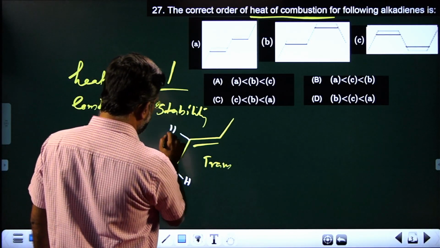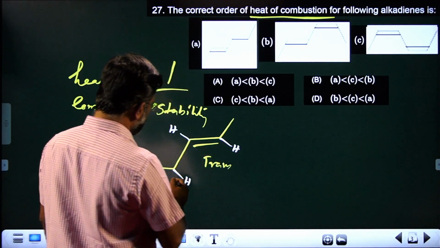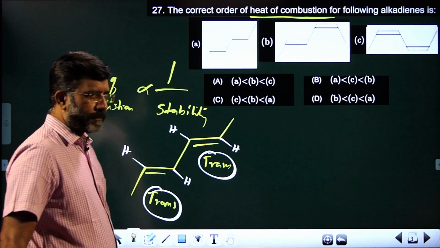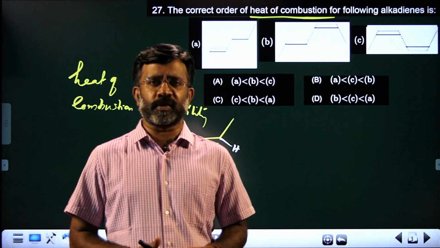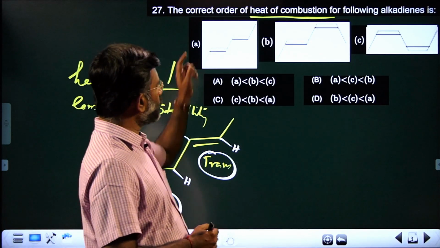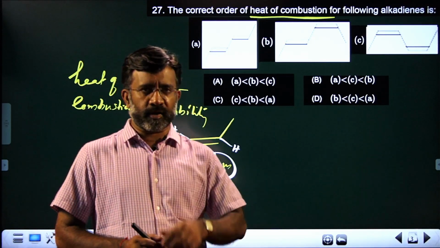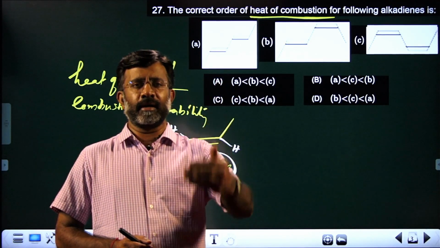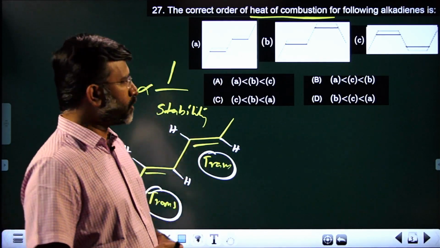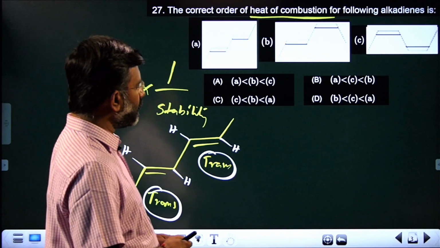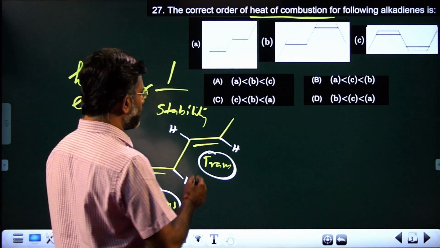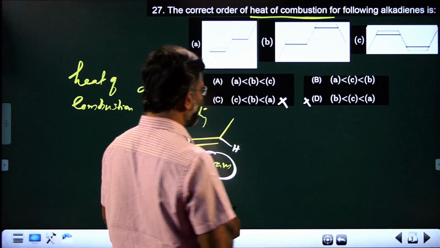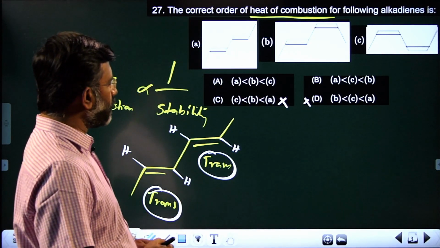So both the configurations over the double bonds are trans, and we know trans is more stable. So the first compound, with both trans, is most stable and will have the least heat of combustion. So A must be minimum. We can eliminate option C and option D. Now it is with A and B only.